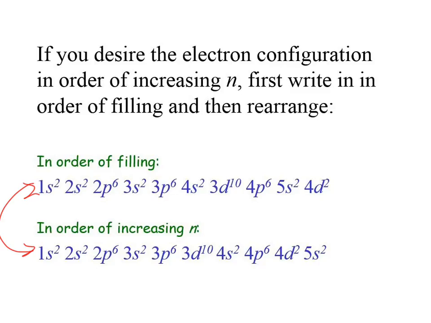One way to think about it is we're taking the 4 and moving it over with the other 4, and this 5 and moving it out to the end. So we're unscrambling it. 40 electrons, still in the same subshells, but they're in order of increasing n. Okay?